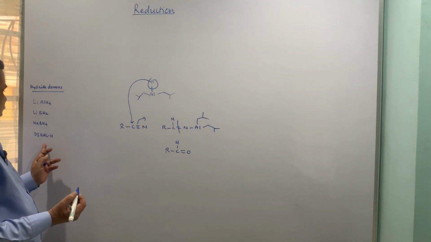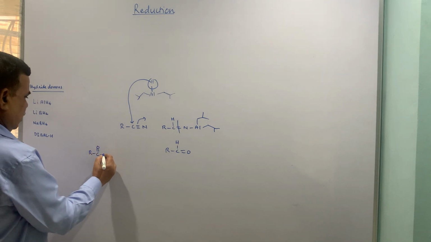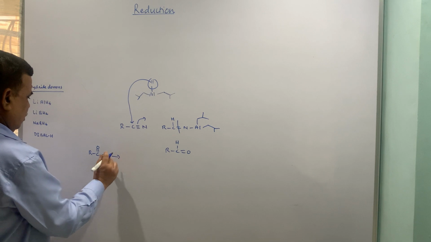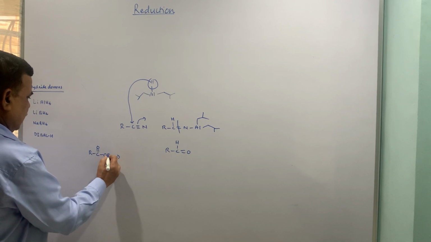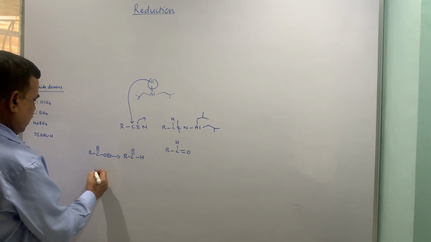Another use of DIBAL-H is to convert RCOCl or RCOOEt, I will say, to RCHO. This is also possible with DIBAL-H.